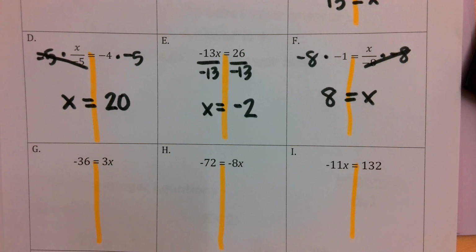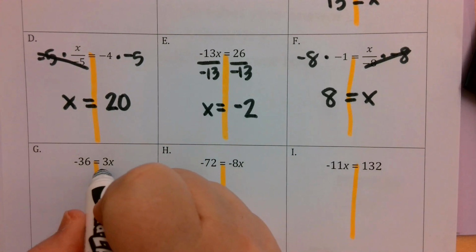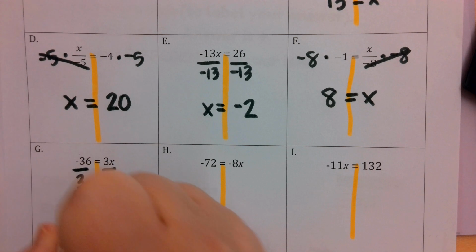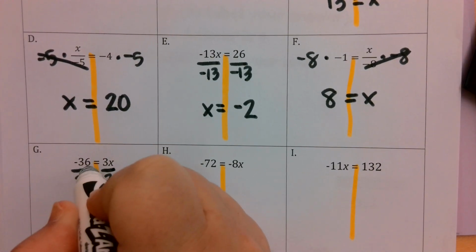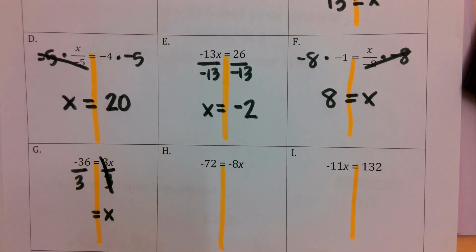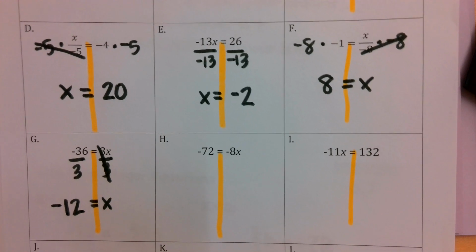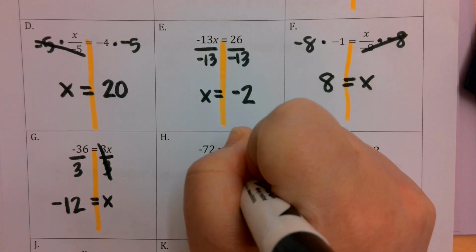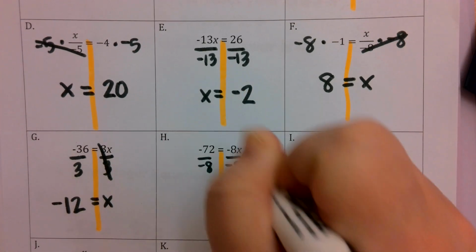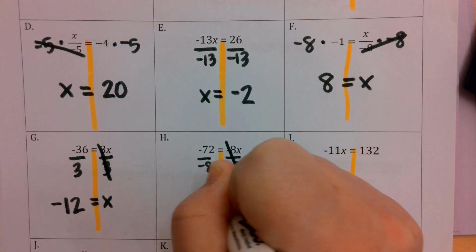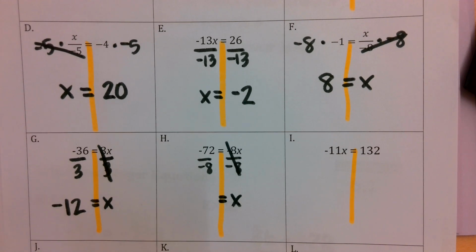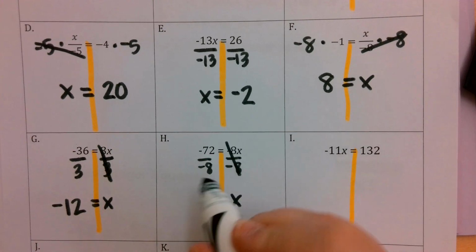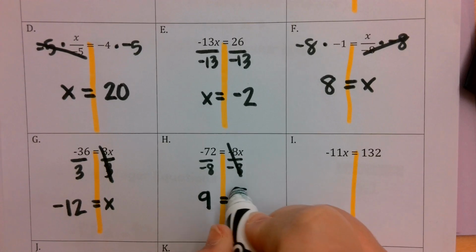G, divide by 3, divide by 3, x equals, cross it out, negative 36 divided by 3 is negative 12. Divide by negative 8, divide by negative 8, cancel, x equals negative 72 divided by negative 8 is a positive 9.